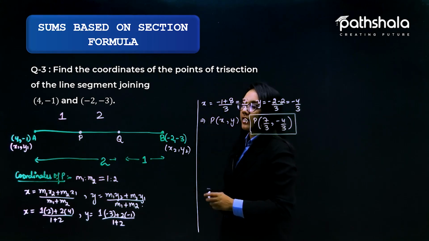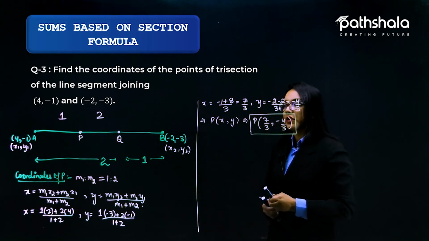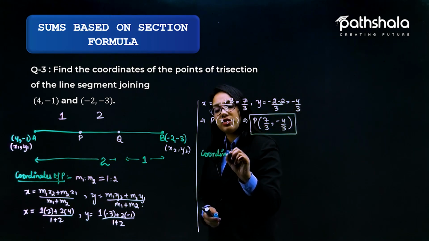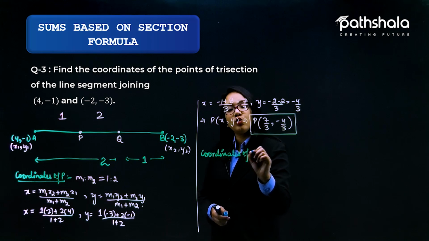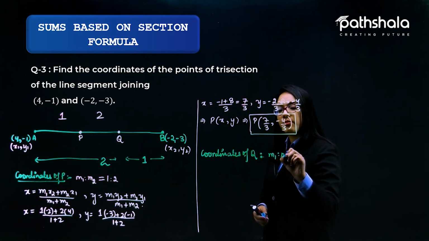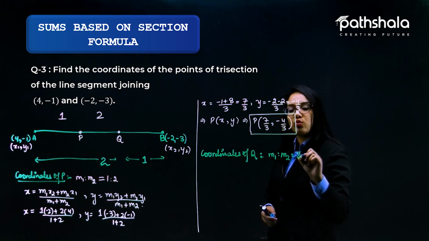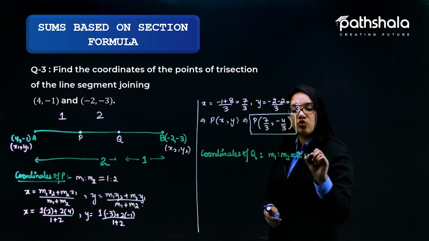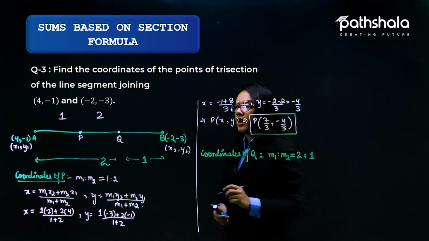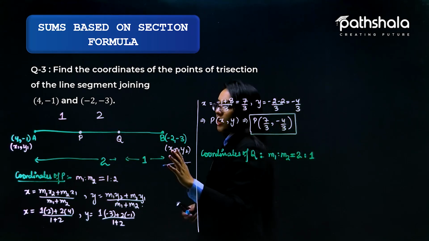In a similar manner, we now find the coordinates of the point Q. We are taking the ratio m1:m2 as 2:1, which means m1 is 2 and m2 is 1, with the same x1, y1 and x2, y2.